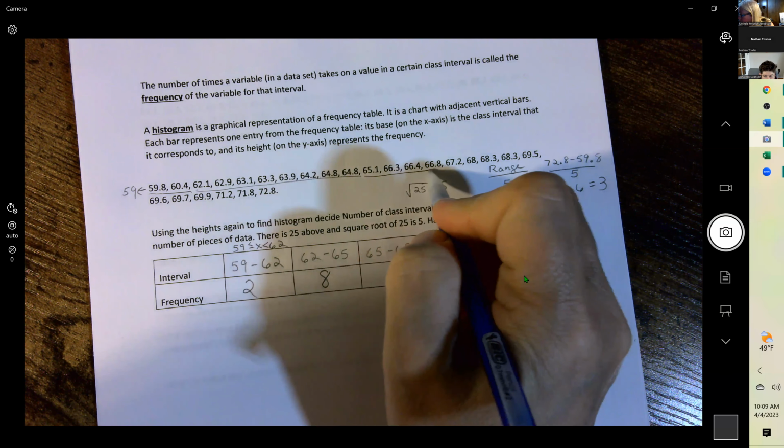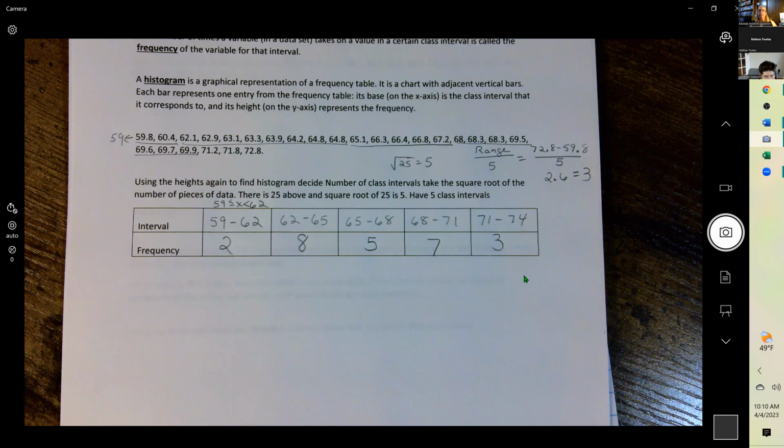Notice the 68s, they do not go into this one. They go into the bar after. 68 up to, but not including 71, which would be 1, 2, 3, 4, 5, 6, 7. 71 up to, but not including 74, but there isn't a 74. There's 3 that go in here. Any questions on that?